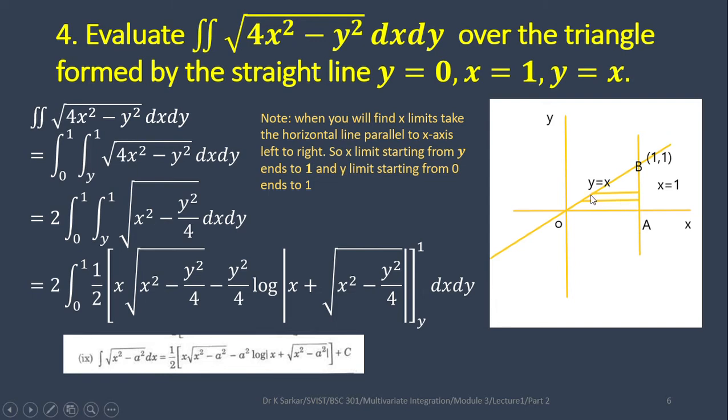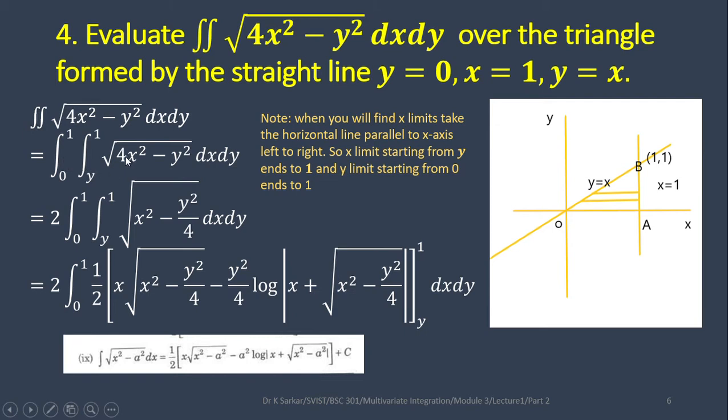At the left, the value of x is y, and at the right, the value of x is 1. So the x limits are y to 1, and the y limits are 0 to 1. Look here, the inner limits are variable and the outer limits are constant.